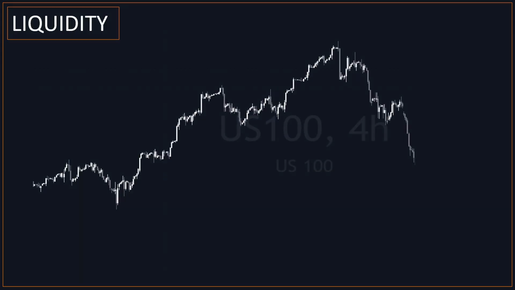US 100 on 4 hours time frame. Okay, so let's focus on this area right here, right? So we notice that price has rejected 2 times. Then we see the price rejected here and then rejected again here.